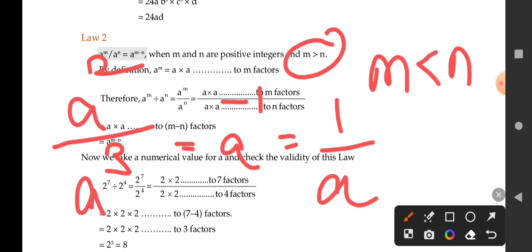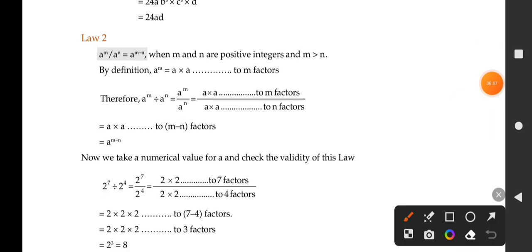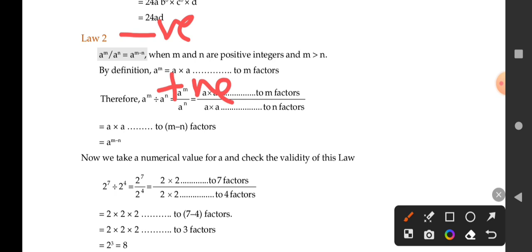So what if m is a negative integer and n is positive? Let's take an example.